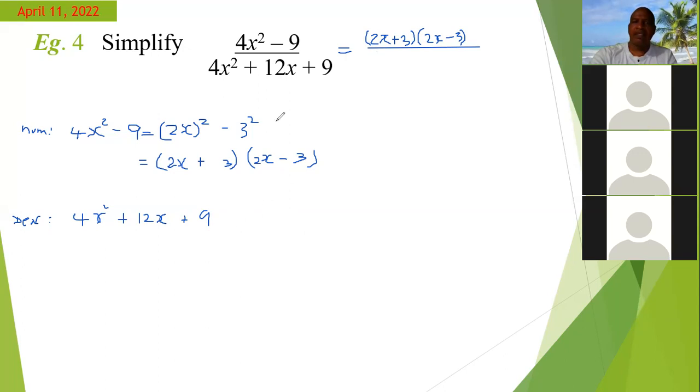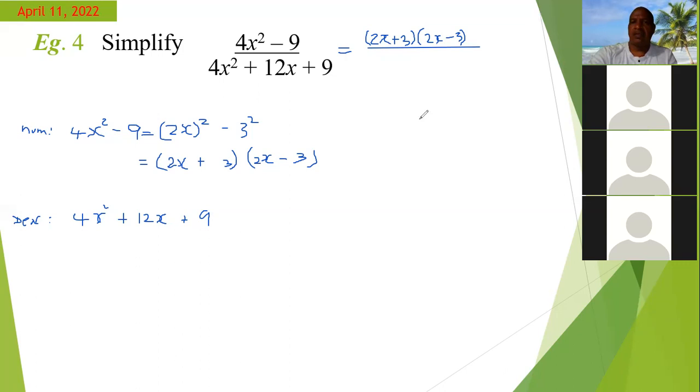So it would be 4x squared. You get what? I'm talking about the denominator. What you get for the factors? 2x plus 3 all squared, sir.